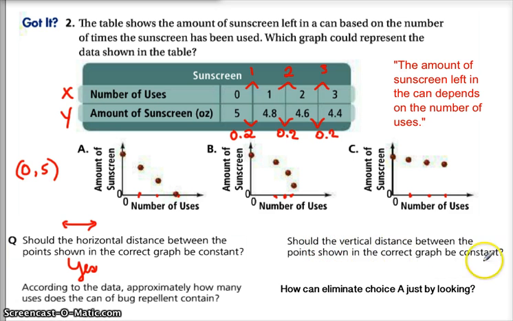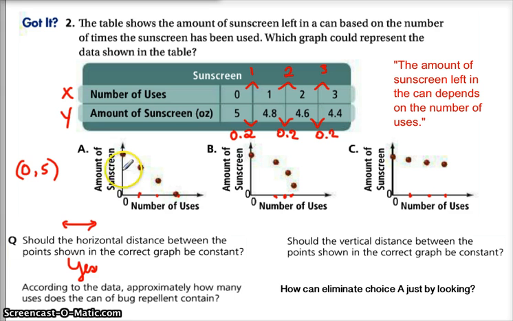Over here, should the vertical distance between the points in the correct graph be constant? Well, let's see what happened. It went from 5 to 4.8, and from 4.8 to 4.6, and so on. The next time, they all changed by the same amount, 0.2.